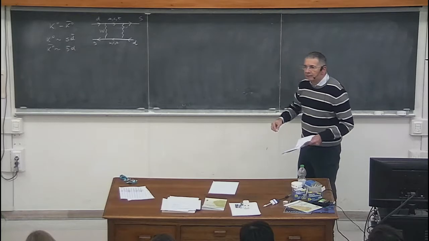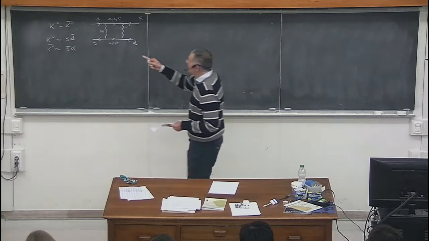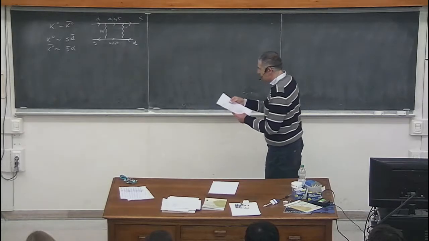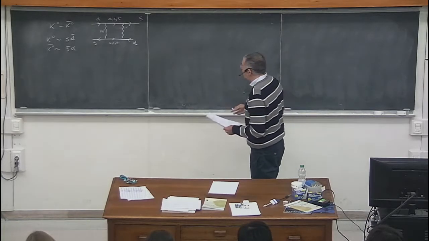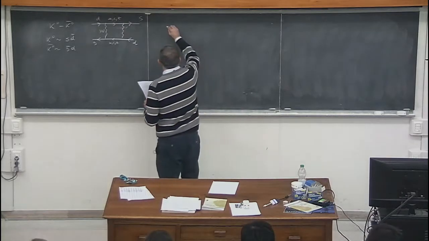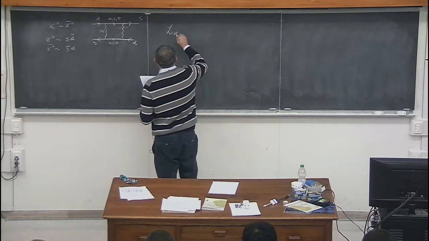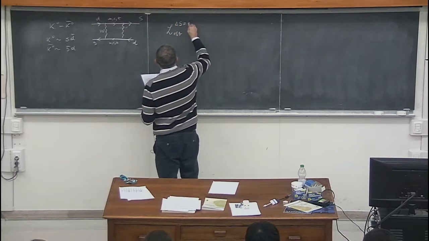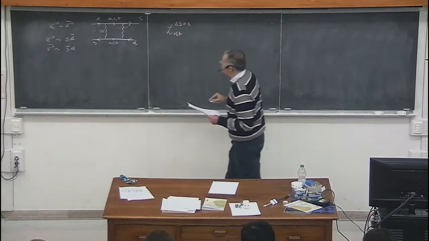You can go ahead and compute this diagram. And what you get is an effective Lagrangian which induces processes with variation of 2 units of the strangeness quantum number. And the result is as follows.